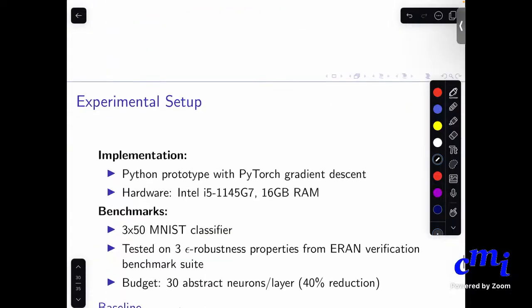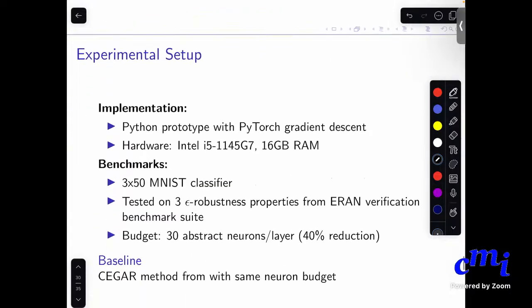Now the experimental setup is that the MNIST database has been taken, and the original neural network has three hidden layers with 50 neurons in each layer. Our budget was to get an abstracted neural network with 30 neurons in each layer.